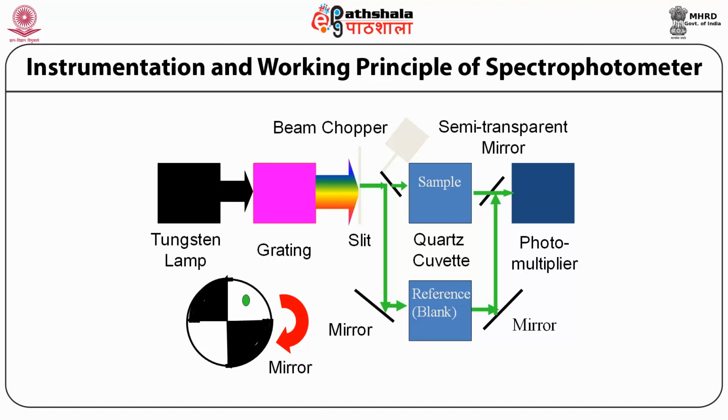A quartz or silica envelope is necessary not only because of the heat generated but also to transmit the shorter wavelengths of the ultraviolet radiation. The limiting factor is normally the lower limit of atmospheric transmission at about 190 nanometer.